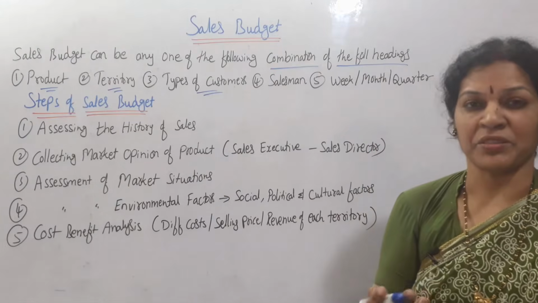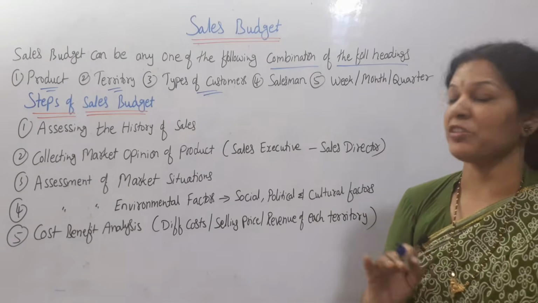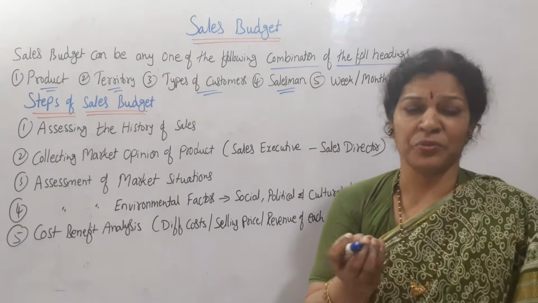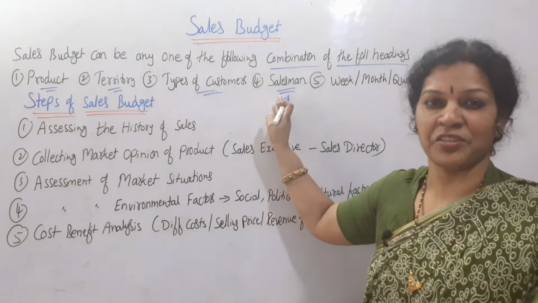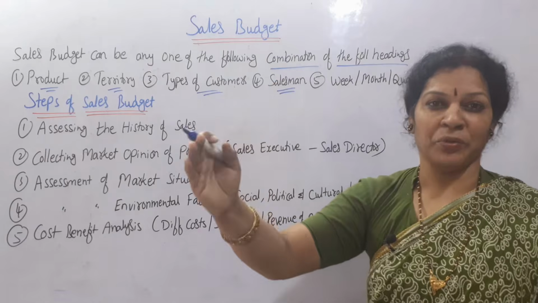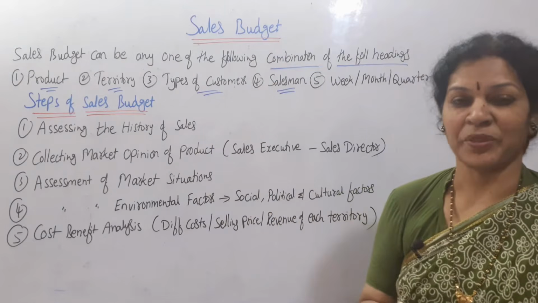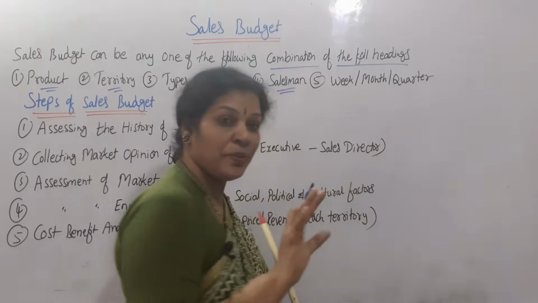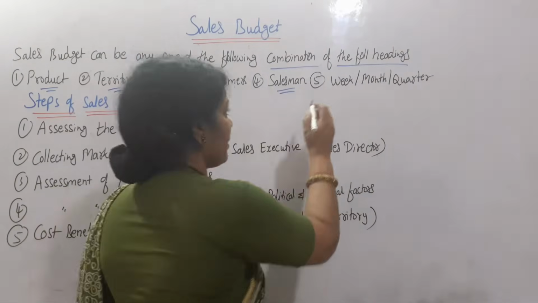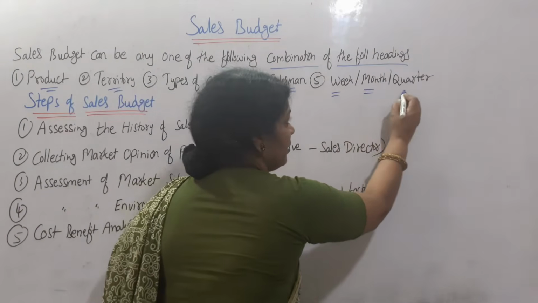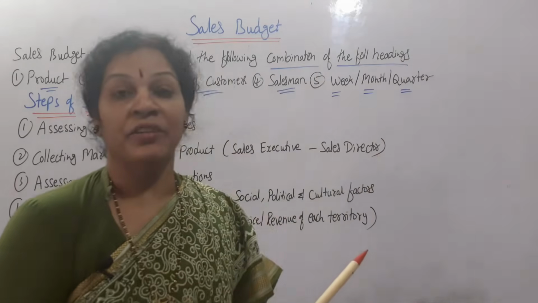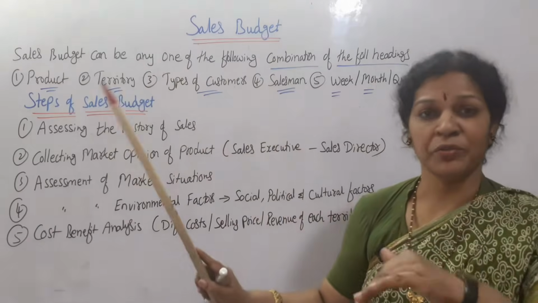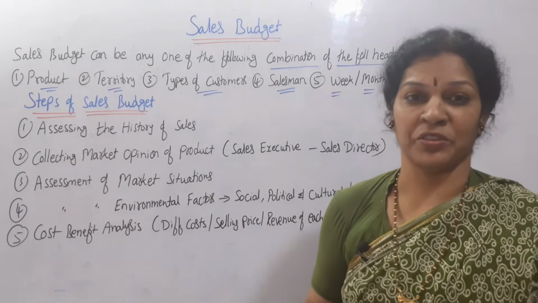If the organization is very small, we can consider different salesmen and how much they are selling. We can also prepare it as per time period, like weekly, monthly, or quarterly.